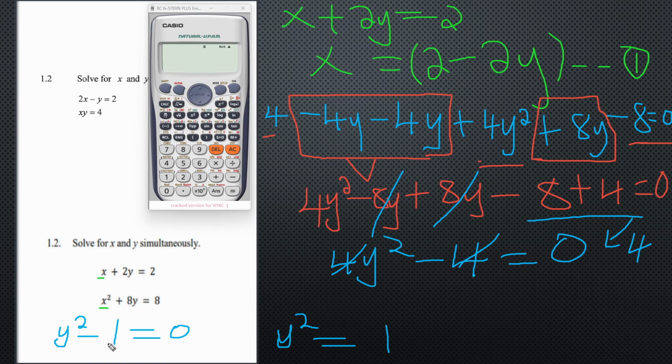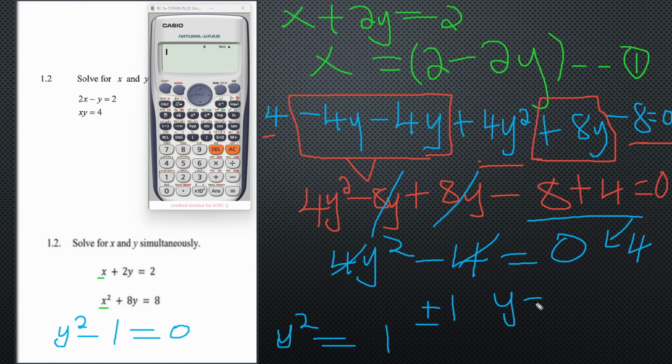So if you check here, you will see that your y squared is equals to 1. So this can be 1 plus or minus 1.